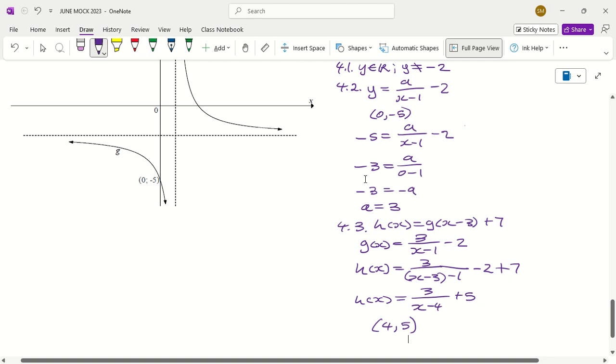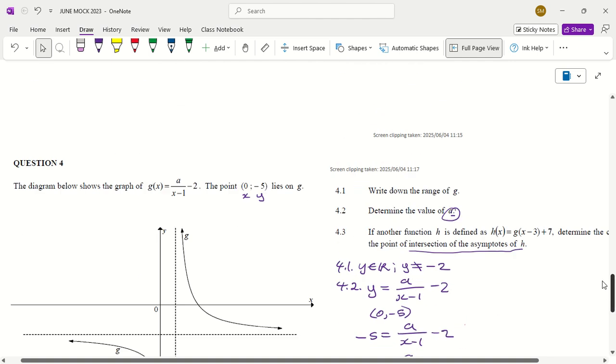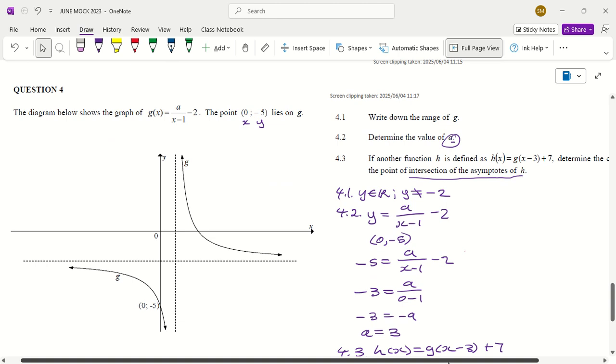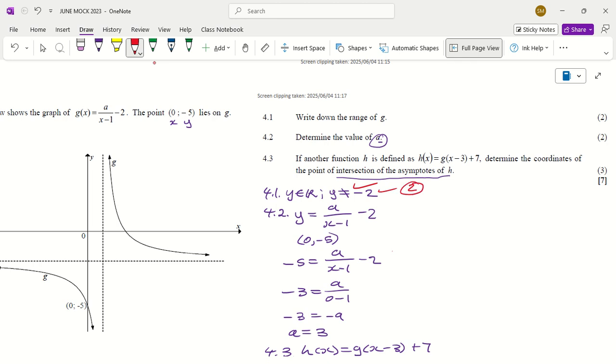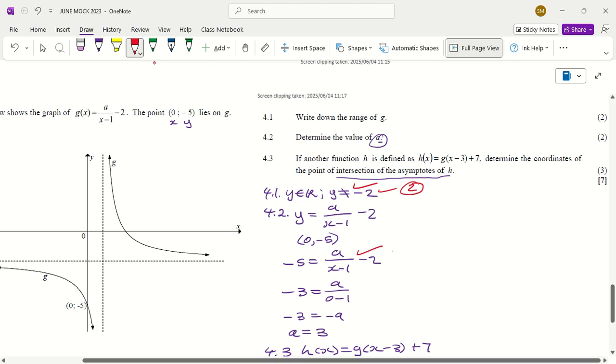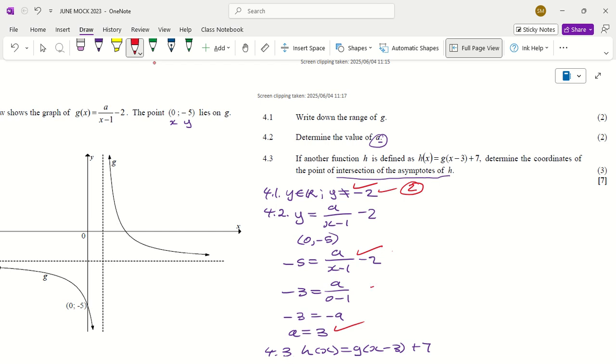We need to look at the mark allocation. So when we look at the mark allocation here, 4.1 is 2 marks, so you get 2 marks for saying that y is an element of real numbers, and then y is not equal to negative 2, so that's your 2 marks. And then the next mark is for 4.2, where you had to find the value of a, you need to give yourself a mark for substituting the x and the y value, and then give yourself a mark for solving for a, which is 2 marks over here.